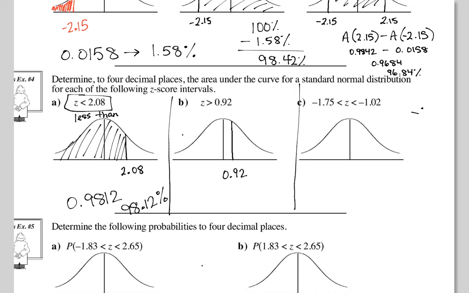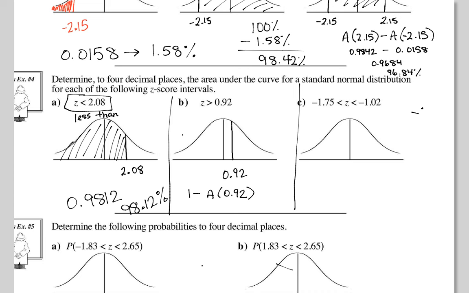Now the chart will tell us to the left, but this one wants to the right. So what we want is 1 minus the area of 0.92. You remember if you drink 10% of your cup, you've got 90% left? In terms of percentage to decimal, what's the percentage for 1? 100.